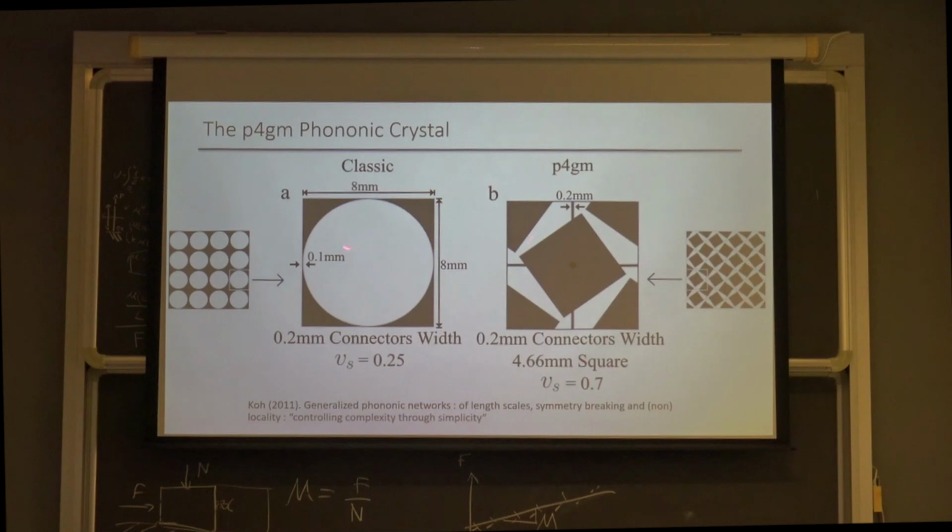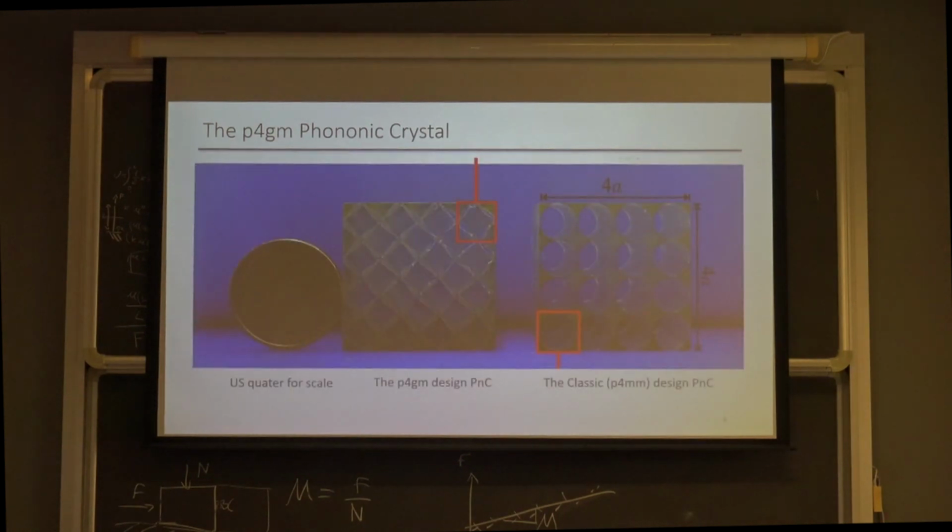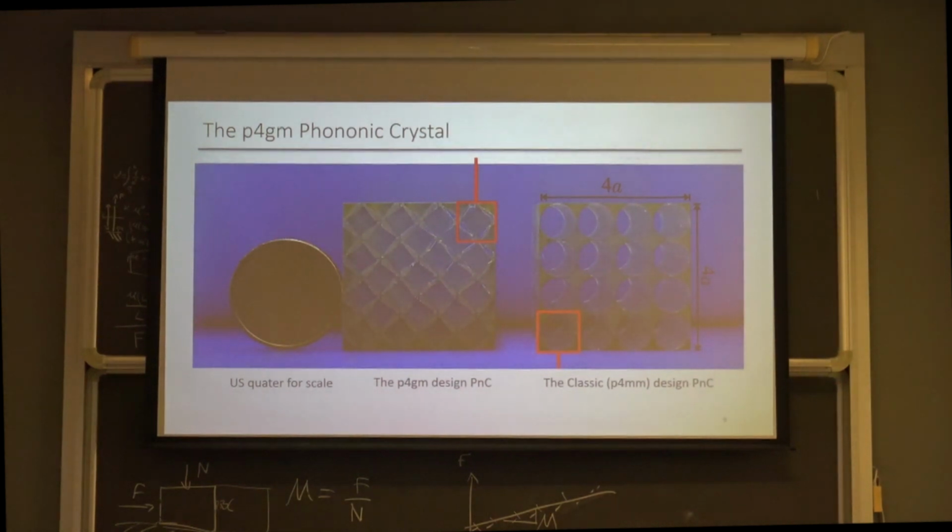And these specific cells, why do I show them to you? Because we wanted to compare this P4GM non-symmetric phononic crystal with something that everyone is familiar with and well known, to show its advantages. We also designed them so we could 3D print them, and in the paper we provide the recipe.